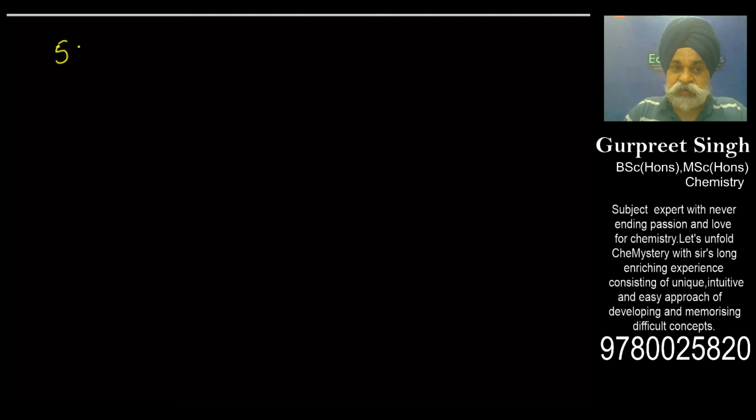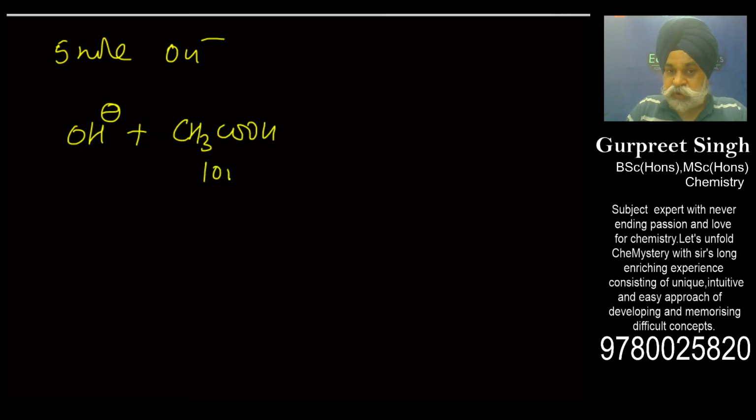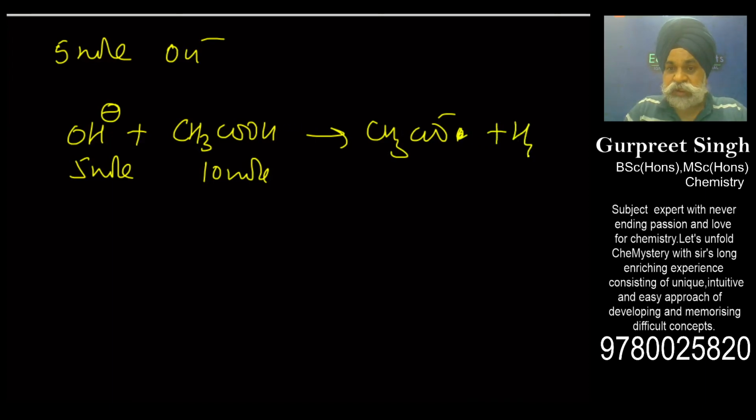Had you added 5 moles of OH negative into this solution, this OH negative would react with acetic acid, and acetic acid was 10 moles while you added 5 moles of it. As a consequence, you get sodium acetate, or acetate ion, along with water, because this is acting as a base and this is an acid, and the acid base reaction goes to completion.